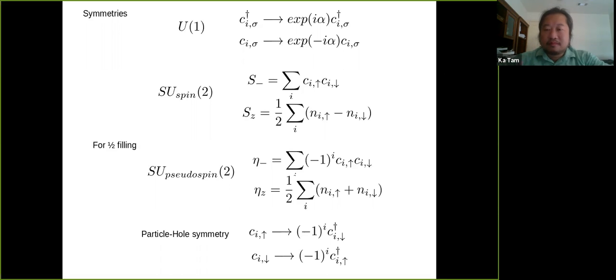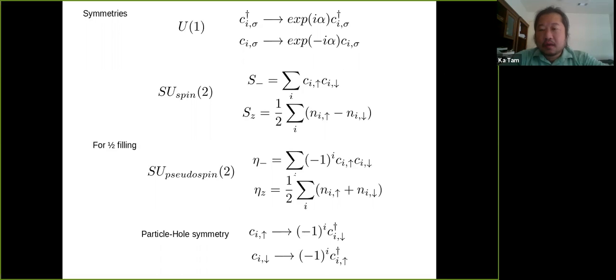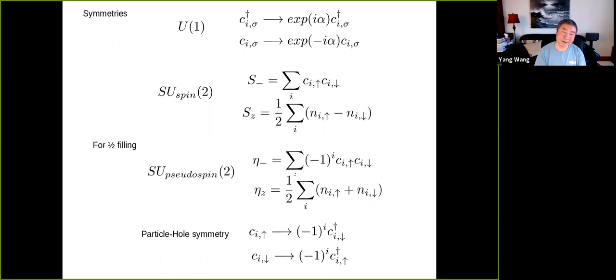That's what we mean by having that symmetry. So that means S is a good quantum number, to say it another way. Oh, okay. So this S or eta is invariant. Yes. Okay, not the Hamiltonian. The state is a good conserved quantum number. Okay, got it. Thank you.